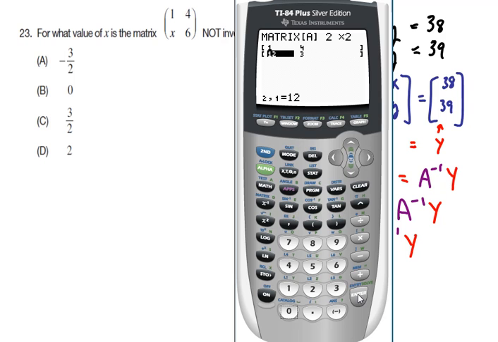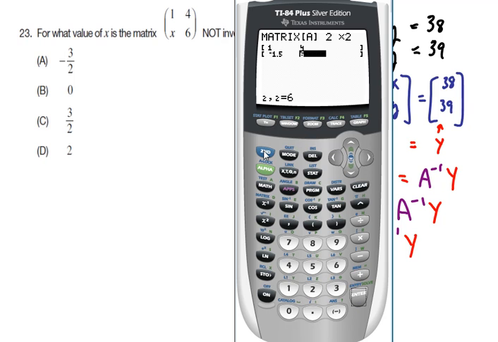And then we'll leave that one alone for a second. 12, enter. And then 6. Alright, so now if I were to go back over to here and put in negative 3 halves, negative 3 halves is negative 1.5, and enter there.